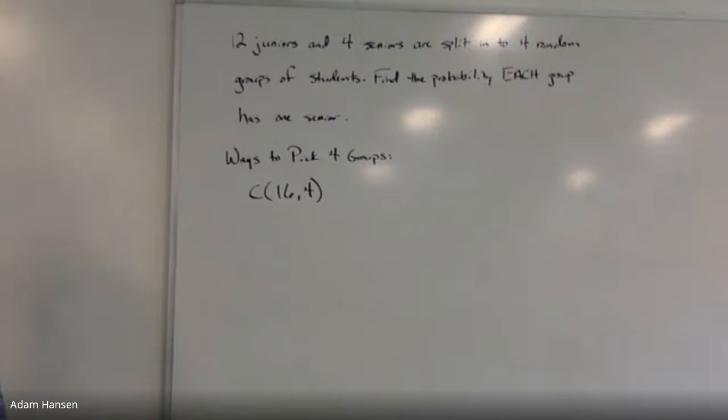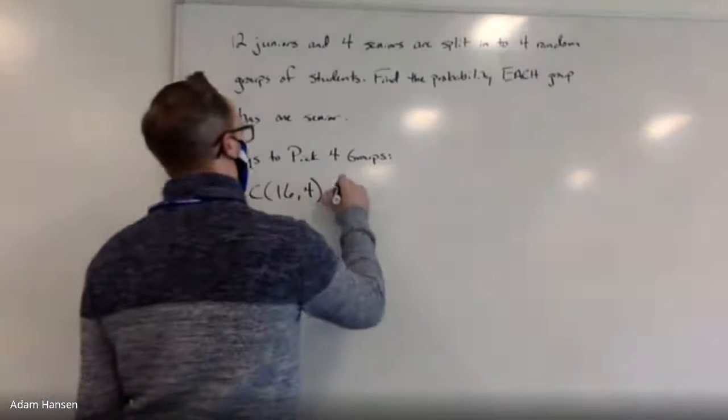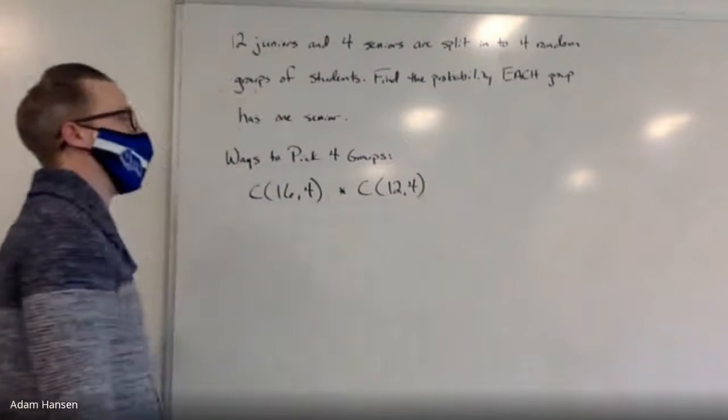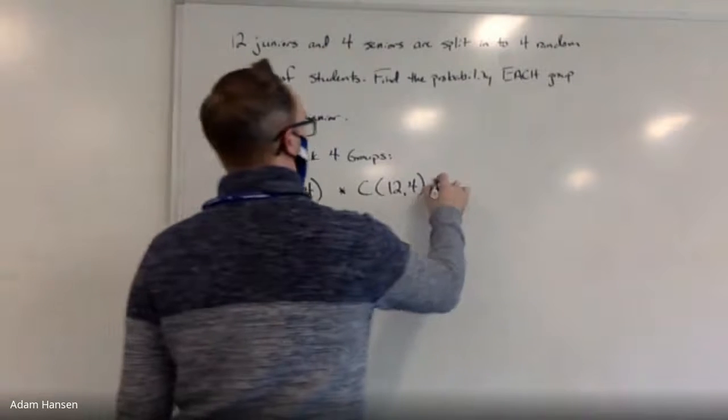Now I've got the first group. I need to find the second group. How many people are eligible to be in the second group? 12. So it's 12 choose 4. For the third group, there's 8 people remaining.